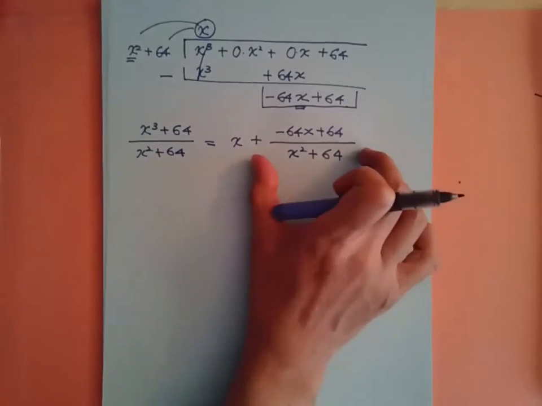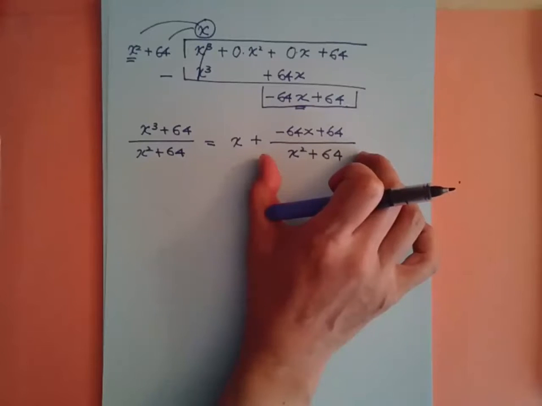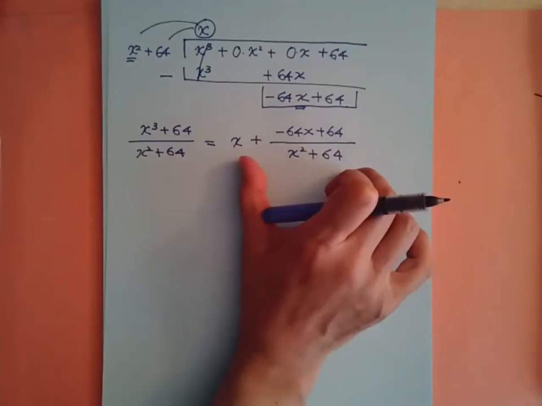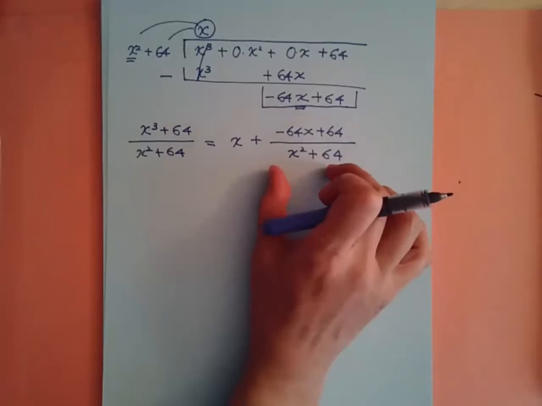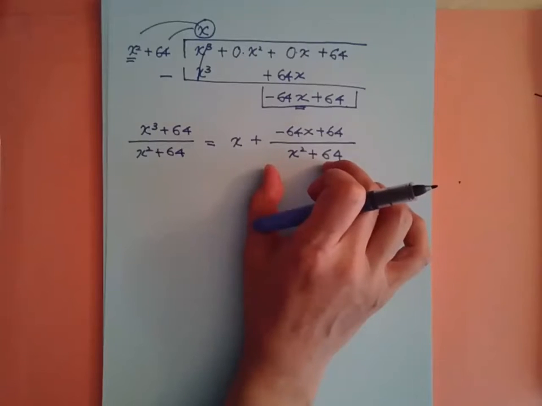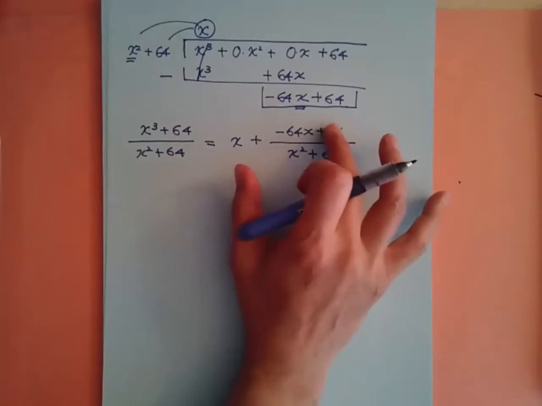If you look at this format and think about integration, when you differentiate x squared plus 64, you get just 2x, but without this constant term.